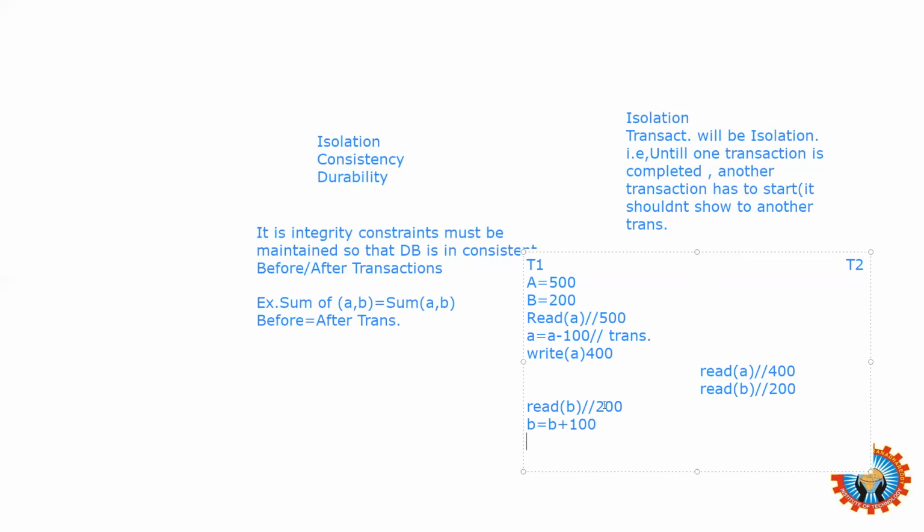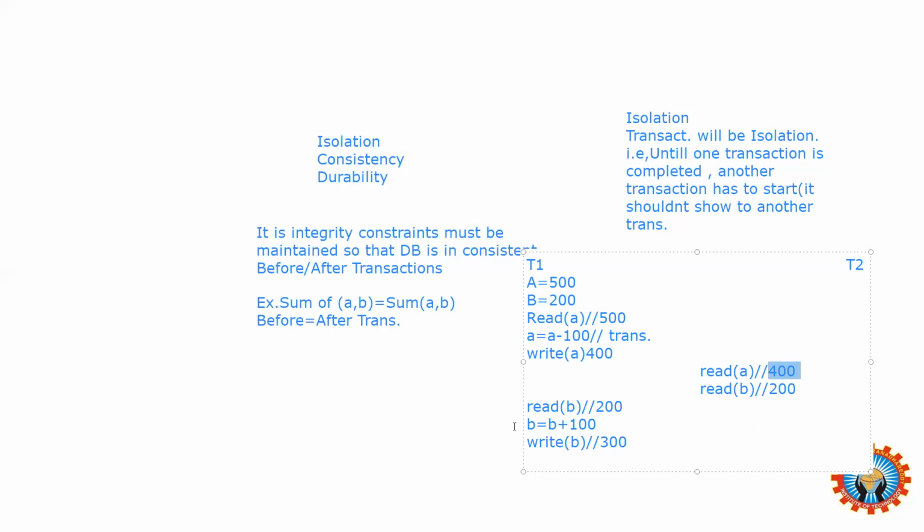Next, once again, write of B, automatically it will be 300. The initial total is 700. After the transaction, B consists of 300 and A consists of 400. So this is the 700.